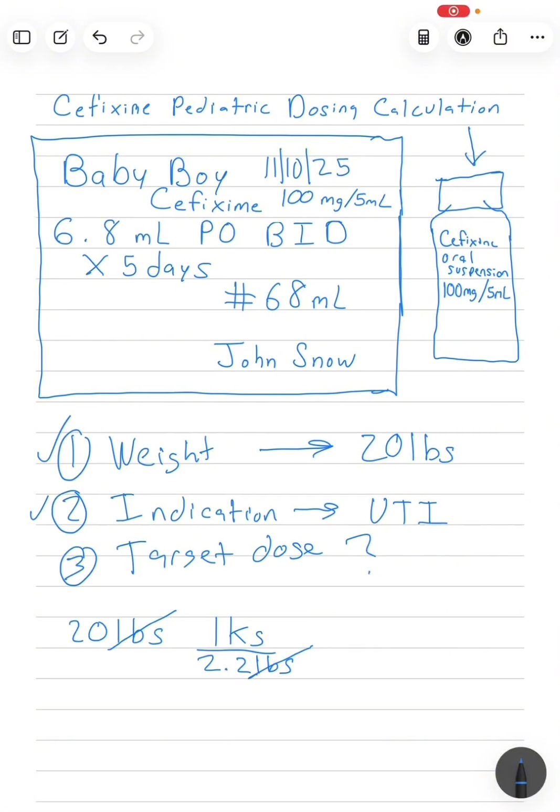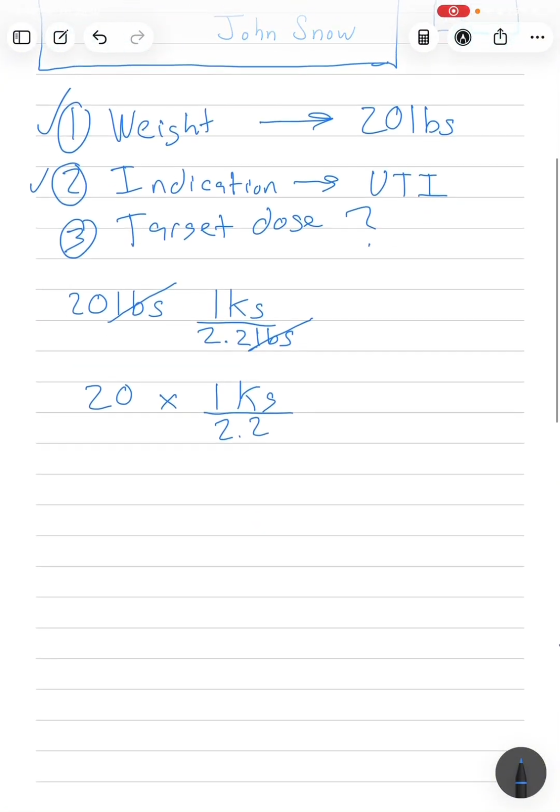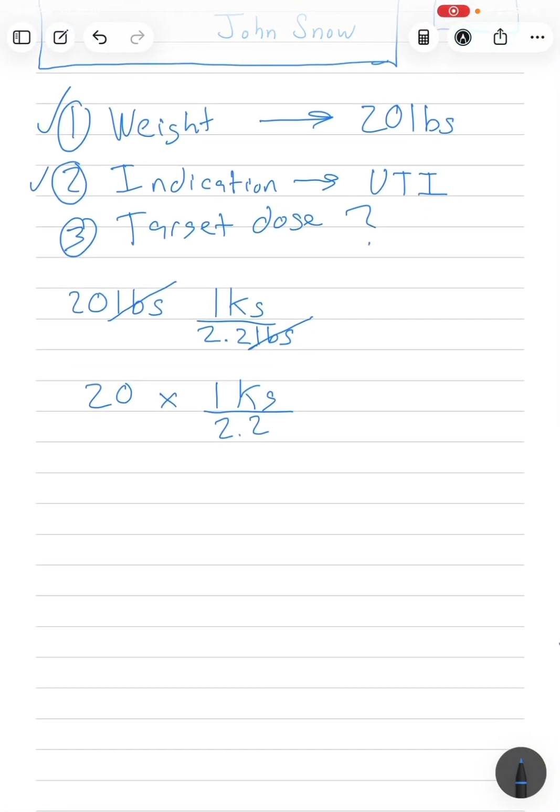And so that'll leave us with an equation that looks like this: 20 times 1 kilogram over 2.2. And then all we do here is we multiply the numerators. So we have 20 times 1, and that is equal to 20. Beautiful. We can't forget our units.